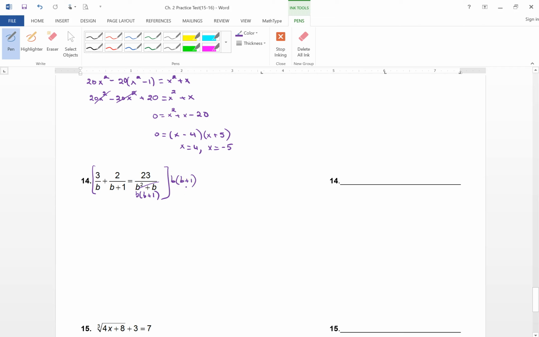All right, so here I get 3b plus 1 plus 2b equals 23. So here we get 3b plus 3 plus 2b equals 23. 5b equals 20. b is equal to 4.